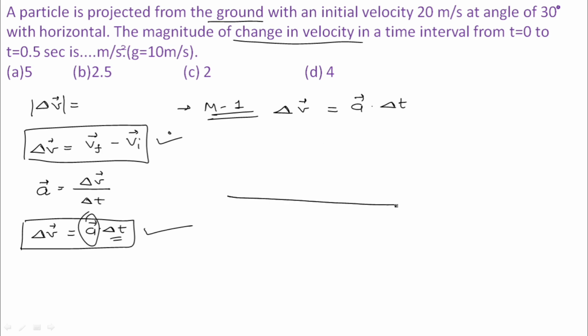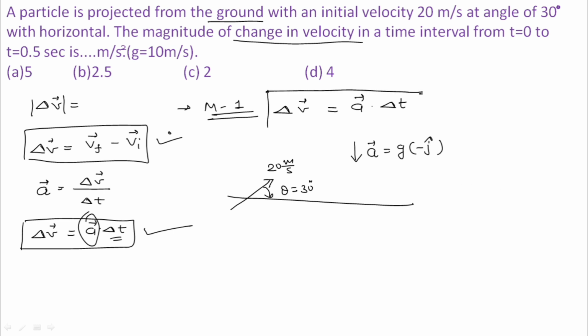Consider this is the ground, horizontal line. This is the velocity vector with velocity 20 meter per second at projected angle 30 degree, and gravitational acceleration is vertically downward. As acceleration g is vertically downward, it is denoted by minus j vector.